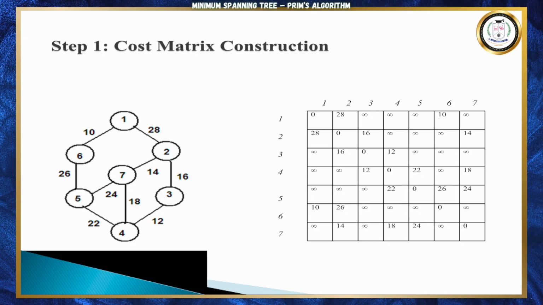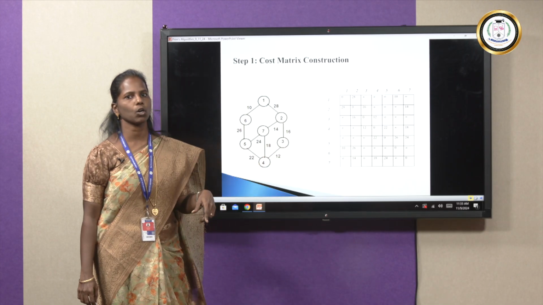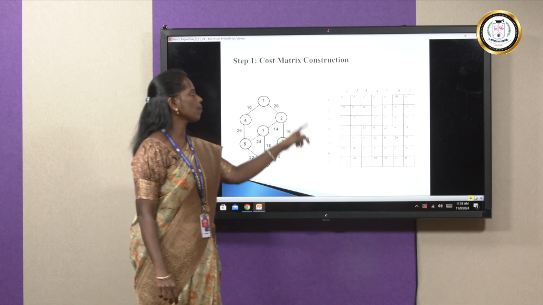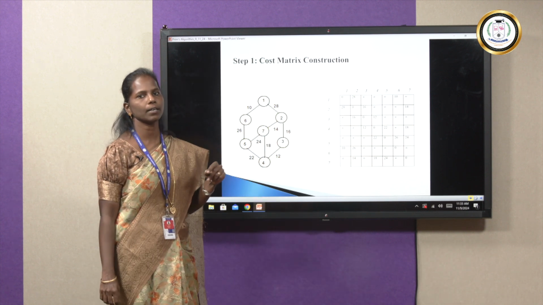This is your network. First, identify the number of nodes present in the network. The number of nodes present in this network is 7. Since we have 7 nodes in our network, the cost matrix will have 7 rows and 7 columns. That is, the number of rows and columns depends on the number of nodes present in our network.